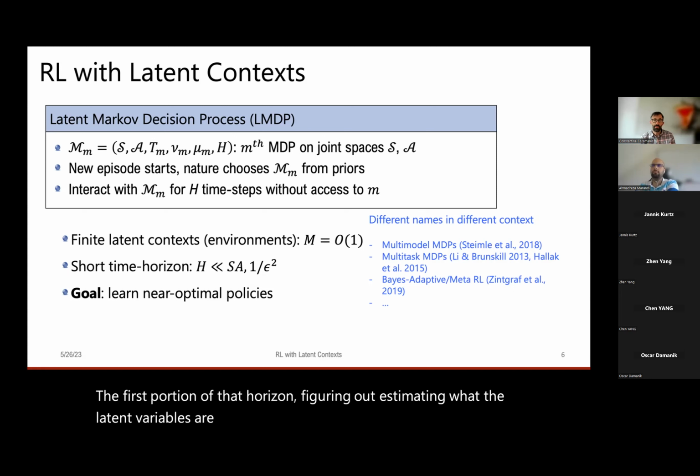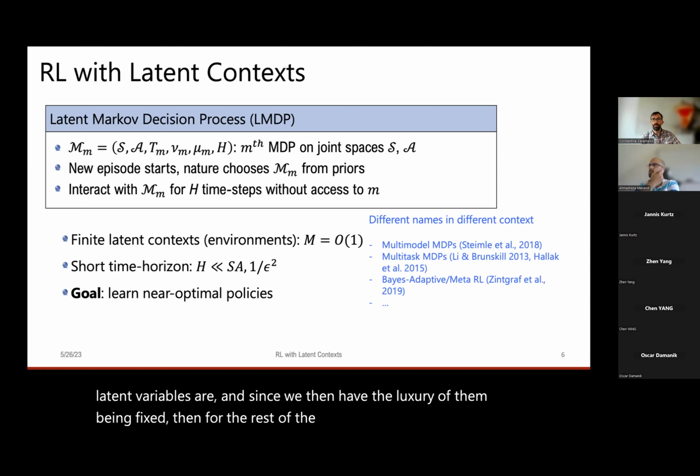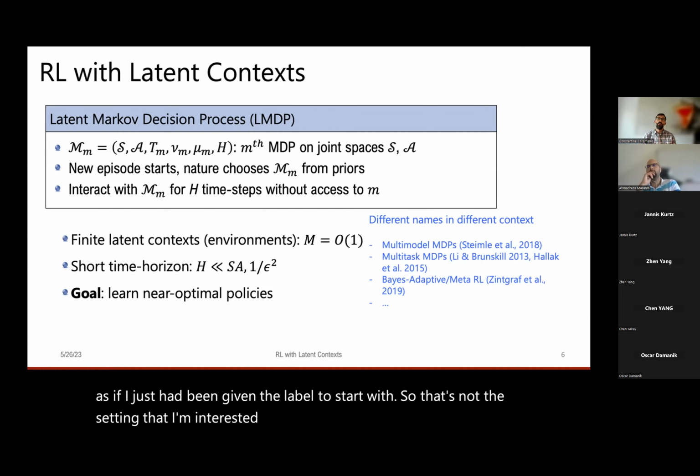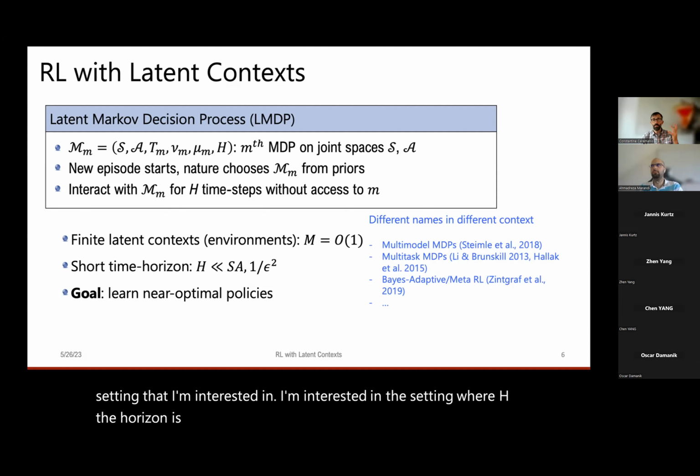And since we have the luxury of them being fixed, for the rest of the time I could just play optimally as if I had been given the label to start with. That's not the setting that I'm interested in. I'm interested in the setting where the horizon H is typically going to be too short for me to be able to learn anything.